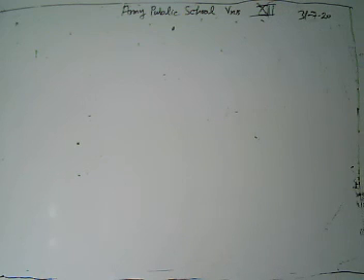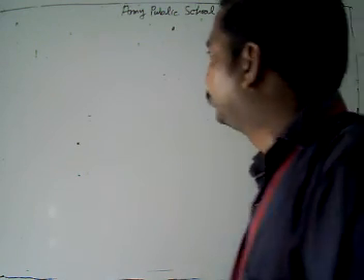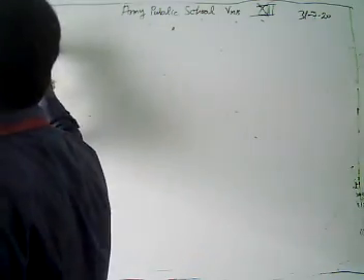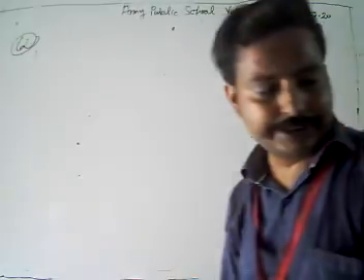Now we have to find the unit vector in the direction of vector PQ, where P and Q are points. It's a question on the unit vector, but it's asked in a different manner.